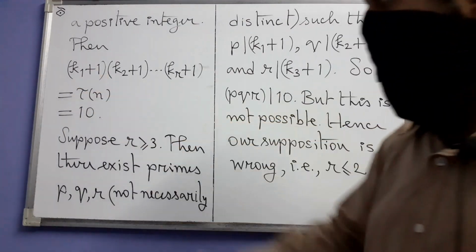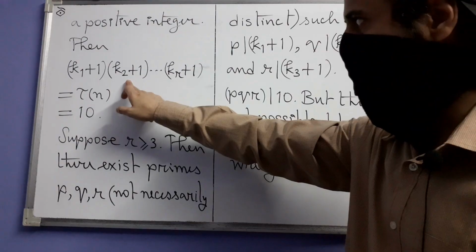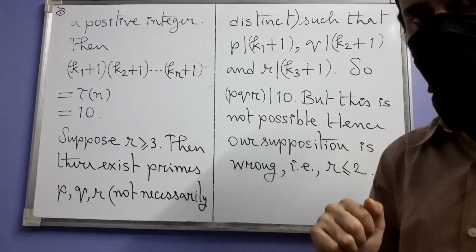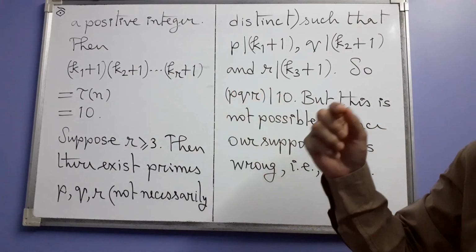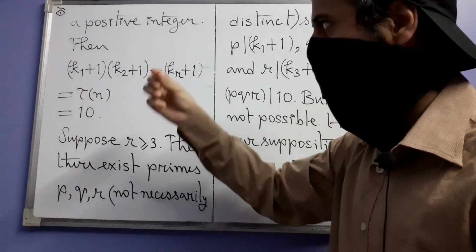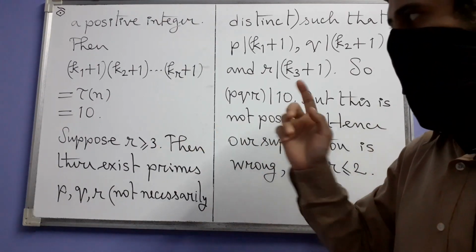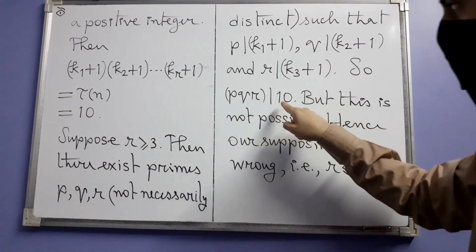So k1 plus 1 can be written as p times some integer, k2 plus 1 can be written as q times some integer, and k3 plus 1 will be r times some integer. So you are actually getting p, q, r on the left hand side times something. So that is why p, q, r divides 10.